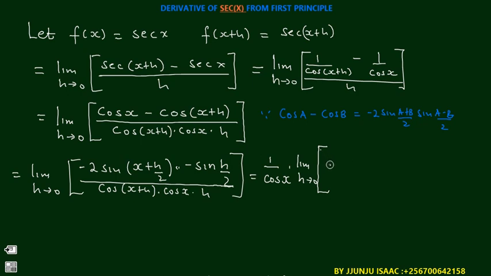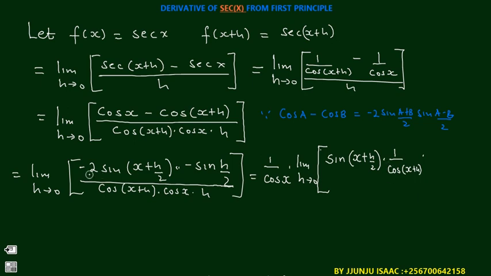So here we have sine of x plus h over 2 times 1 over cos of x plus h.